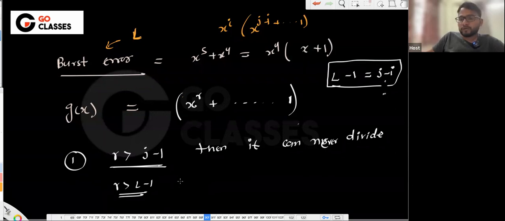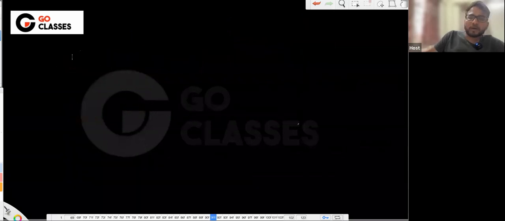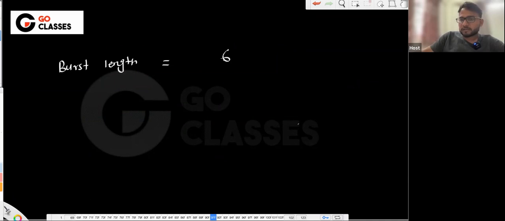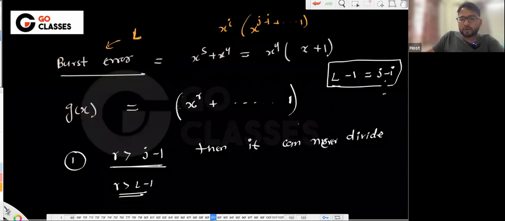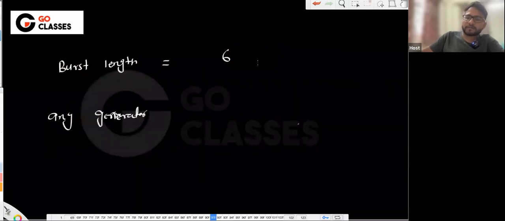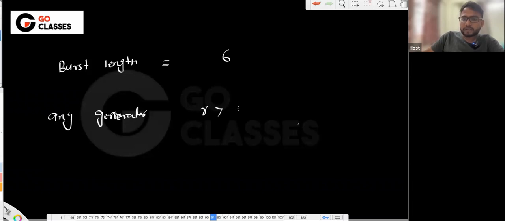Which means if we are having a burst length equal to 6, then any generator, and what is the condition here? R is greater than j minus I, R is greater than L minus 1, which is 6 minus 1, so R is greater than 5.